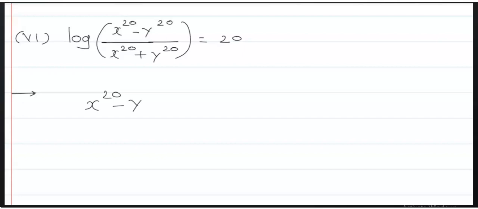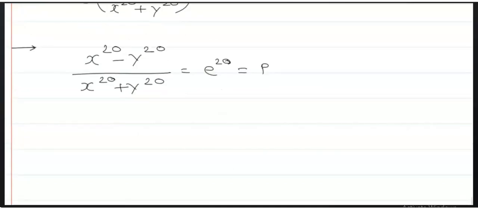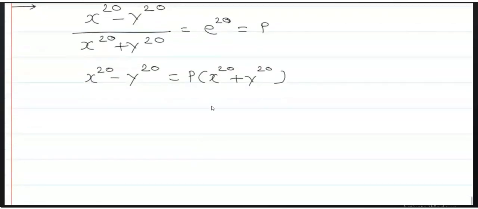Therefore x raised to 20 minus y raised to 20 upon x raised to 20 plus y raised to 20 is equal to e raised to 20. Now this is treated as p. Make the cross multiplication. X raised to 20 minus y raised to 20 is equal to p in bracket x raised to 20 plus y raised to 20.